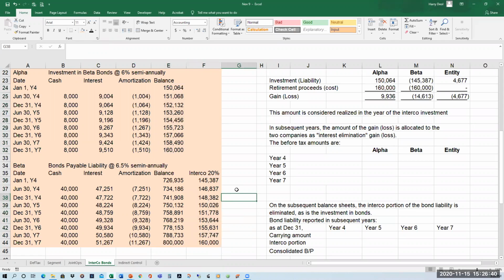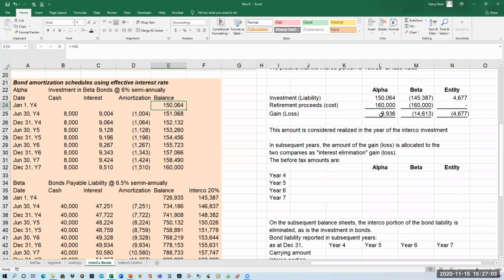Now, what happens is each year, so for example, the first year, as far as Alpha is concerned, at the end of year 4, the investment will have a balance of 152,132 compared to $150,064.